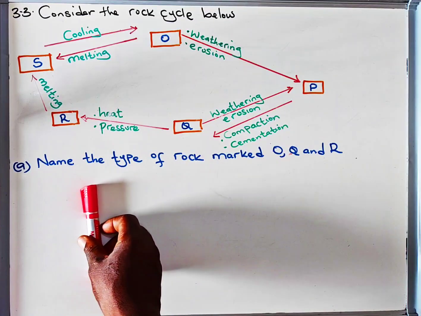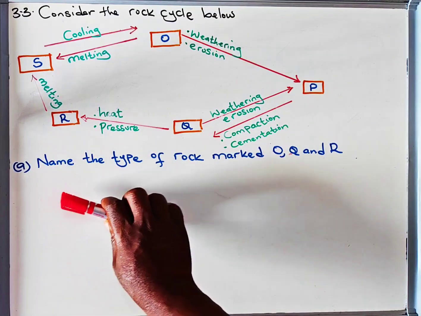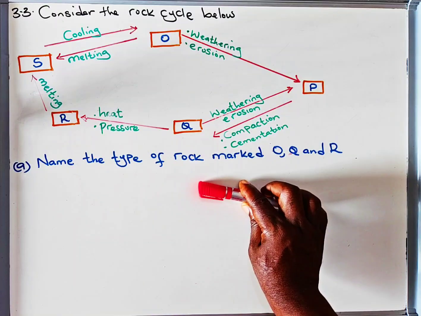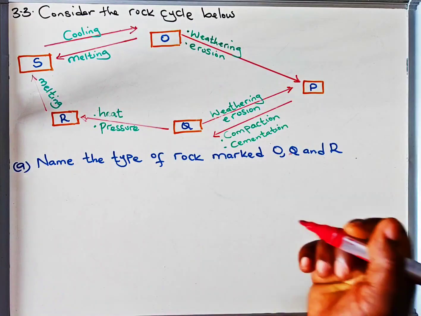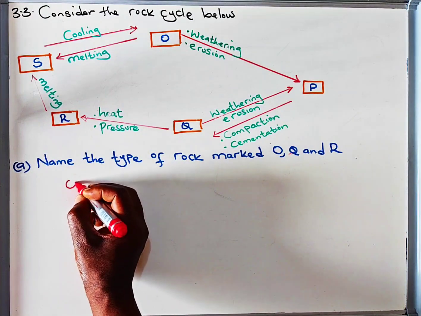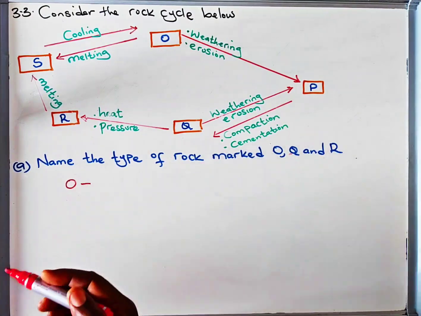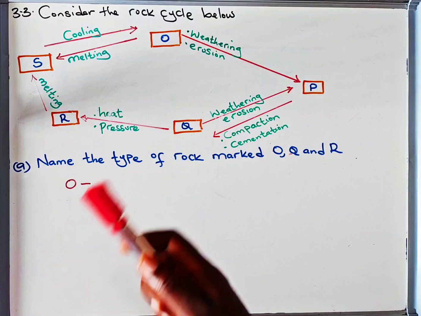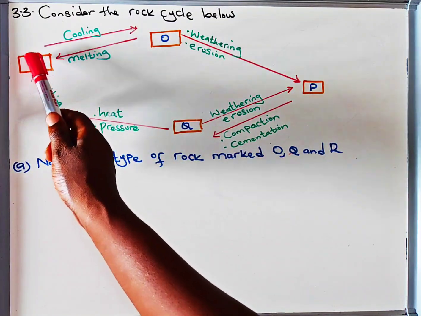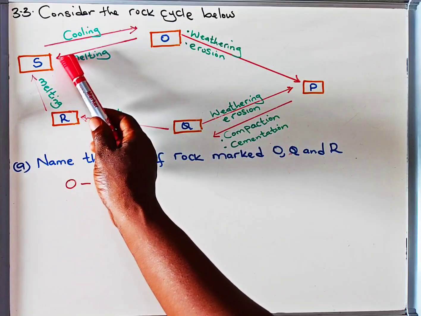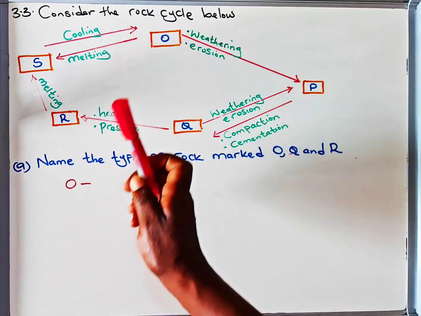And the question says, name the type of rock marked O, Q, and R. Let's first look at O. What type of rock is O? O comes from S after cooling.